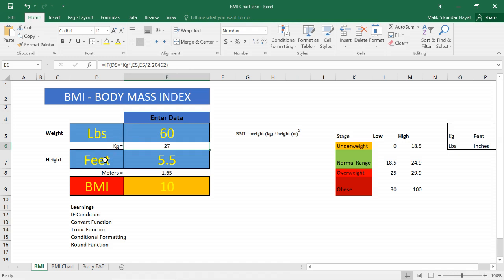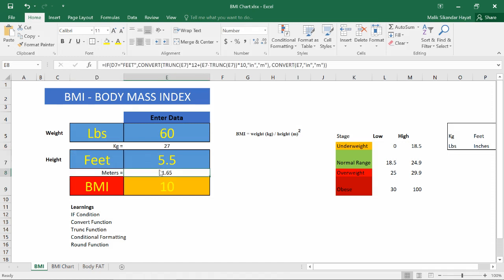Next is height. Normally people enter height in feet, let's say 5.5 means 5 feet 5 inches. But maybe it is possible that they have it in inches. So here again there will be a conversion.